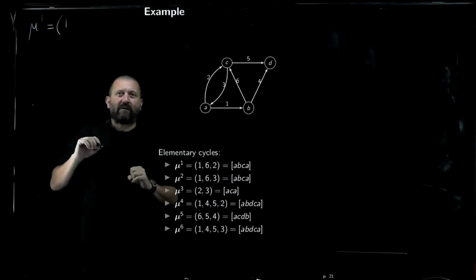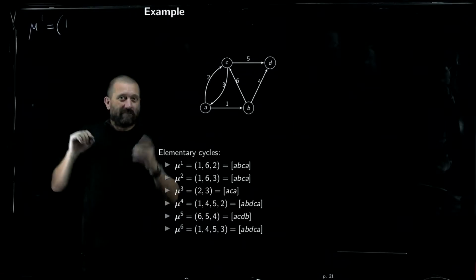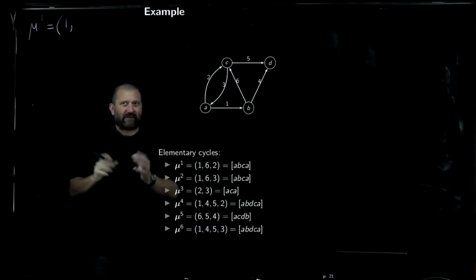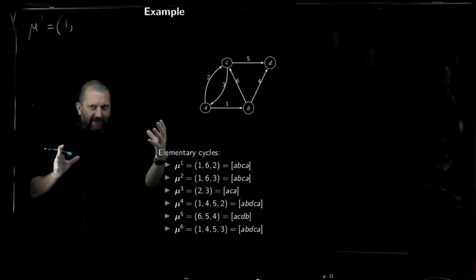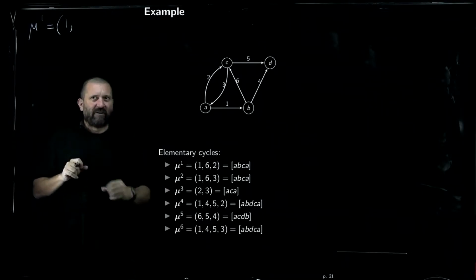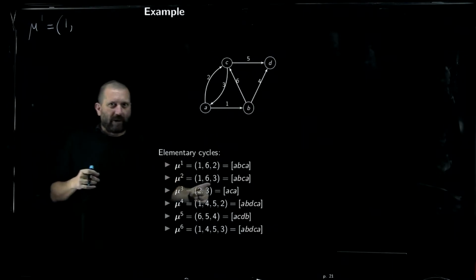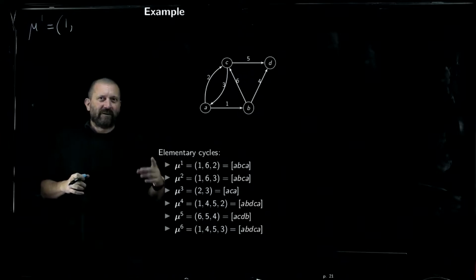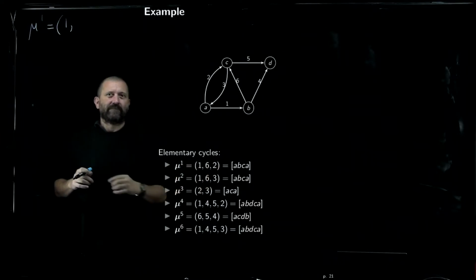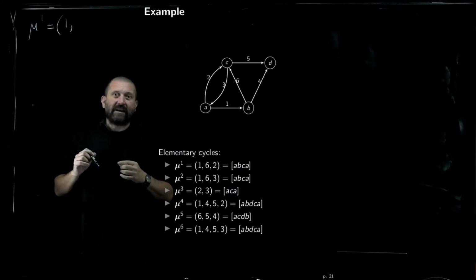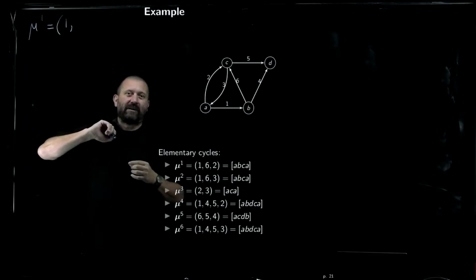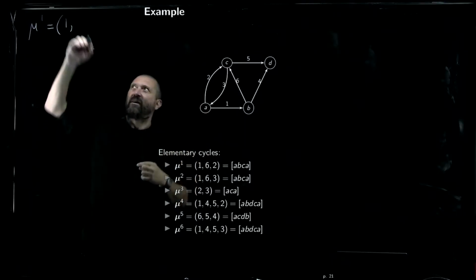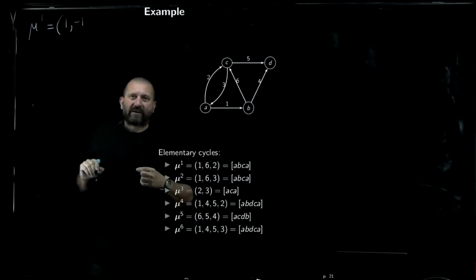The second arc is 2, okay? So here I'm doing things in the order in which things appear in terms of the labeling of the arcs. The second arc is 2, although in the cycle, it's not the second thing I do. And I can then say that I'm following 2, in this case, in the negative direction.